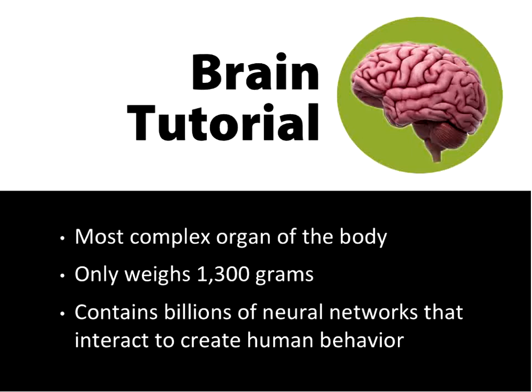So you think about it, most of us weigh over 100 pounds, and less than 3% of our body weight is functioning in what we do over the regular day. And it contains billions of neural networks that interact to create our behaviors, our thoughts, our patterns, our feelings, and how we interact with the world.